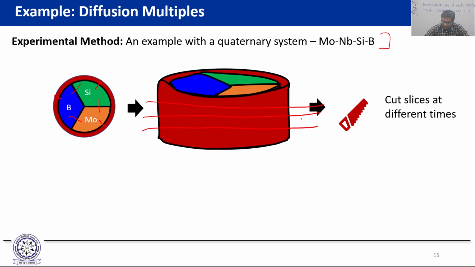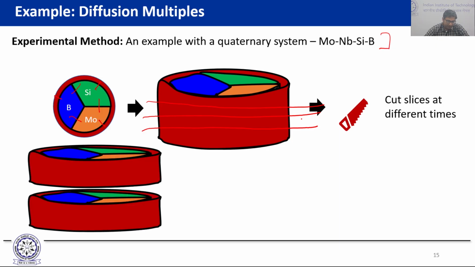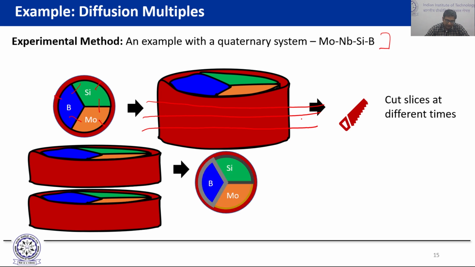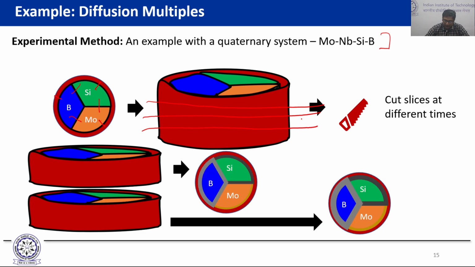So you pick a temperature, you cut the slices at different times, so you will get slices like this. Look at the composition variation across the interface, and from there you will start getting to see that this zone in which the diffusion is occurring is progressively thickening. So based on this data, you will be able to compute the diffusion constants.